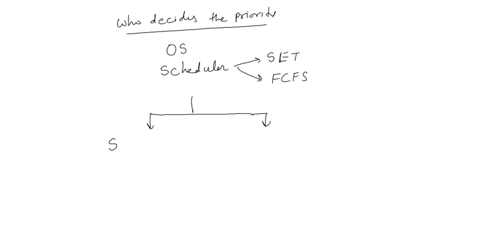One is static event driven scheduling and another is dynamic event driven scheduling, right? Static means we know the priority beforehand. We can say that your designer or programmer assigns the priority before scheduling itself, right?